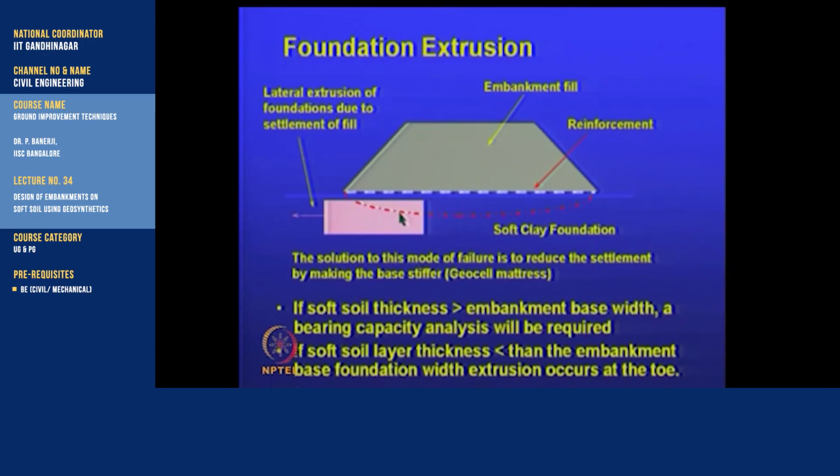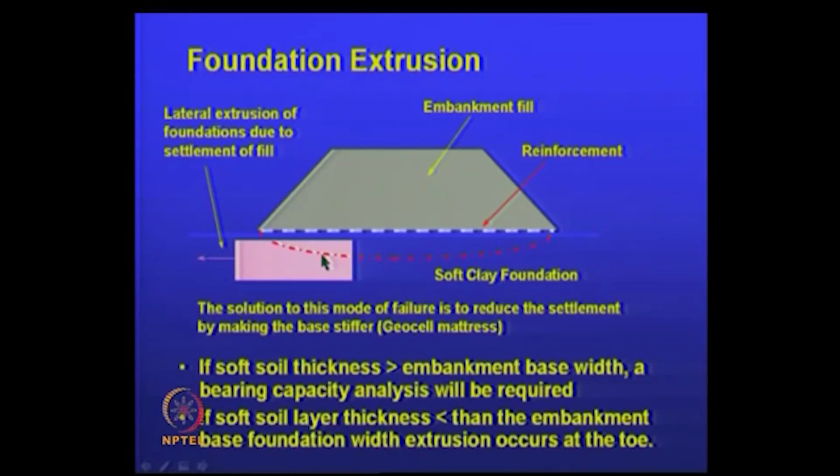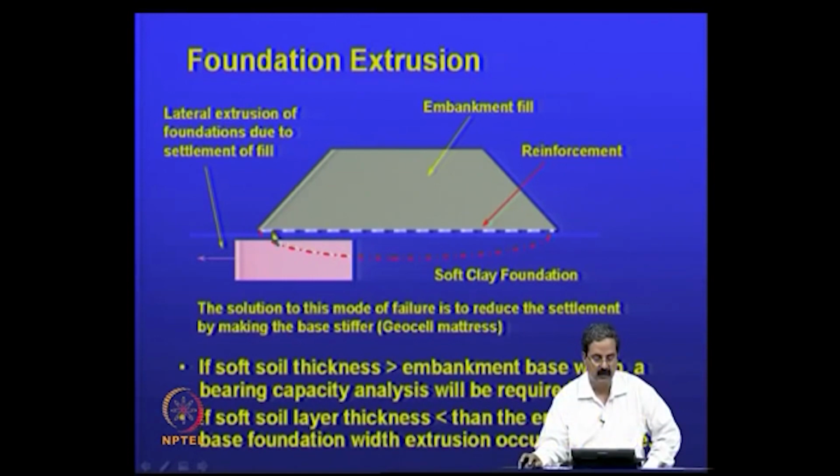Now, what is this foundation extrusion? What it means is that, see, you have put a reinforcement, everything is fine, but then the possibility is that if the soft soil thickness is more than the embankment base width, say for example, you have 10 meters as the width of the embankment.